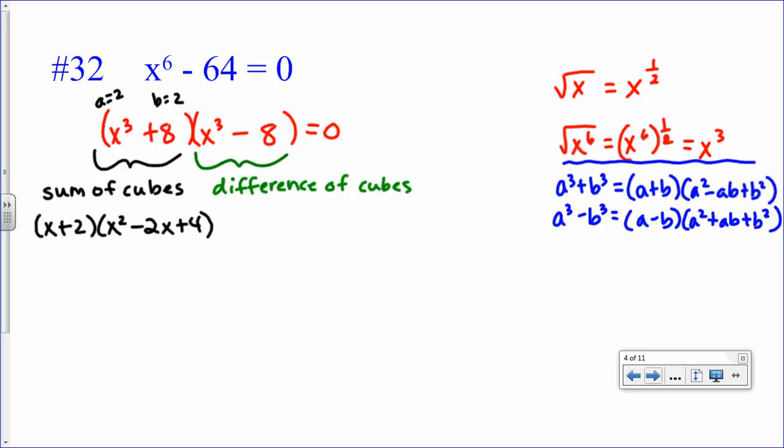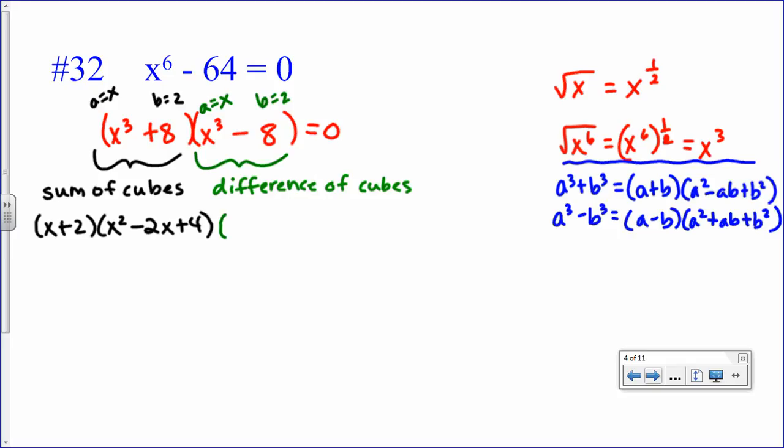Now on x cubed minus 8, again, a equals x, and b still equals 2. I'm not saying negative 2, I'm just saying 2, because the negative 2 is already taken into consideration in this formula.